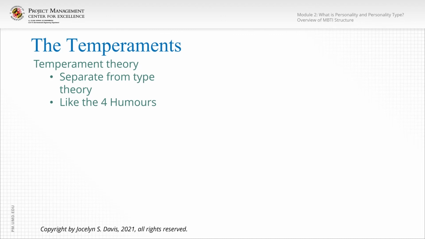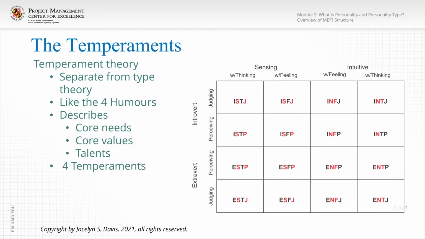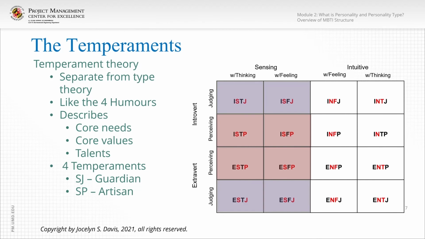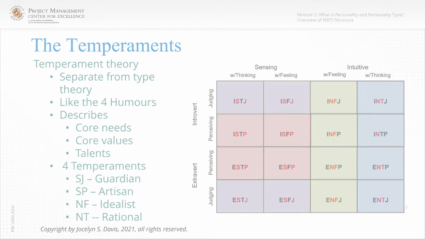The temperaments describe core needs, core values, and core talents, and there are 4 temperaments: SJ, the guardian, SP, the artisan, NF, the idealist, and NT, the rational. This shorthand gives us a way to make some predictions without having to be Myers-Briggs gurus.